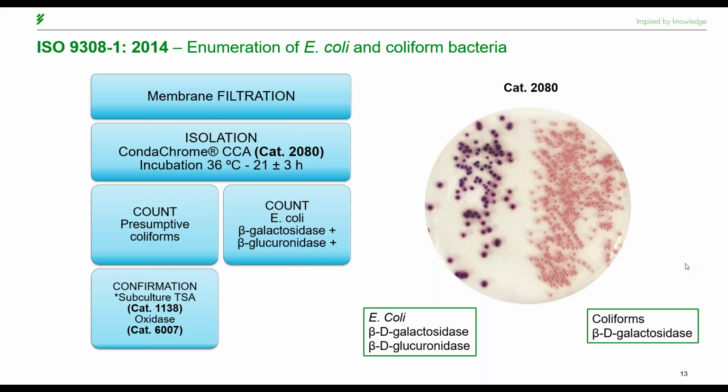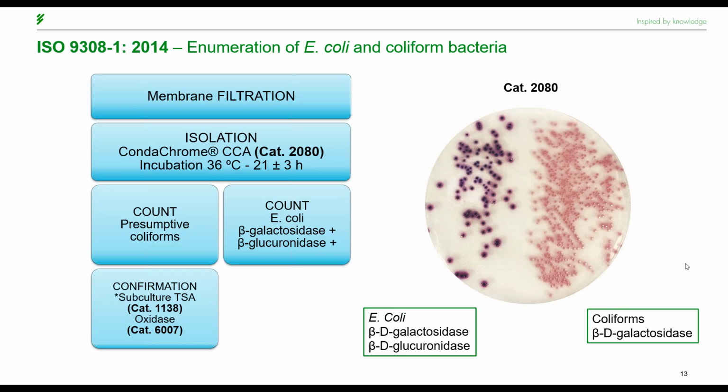It is very important to mention that coliform bacteria, being members of Enterobacteriaceae, express the enzyme beta-D-galactosidase, while E. coli, also a member of this family, expresses beta-D-galactosidase but also the enzyme beta-D-glucuronidase, which is not present in other coliforms.